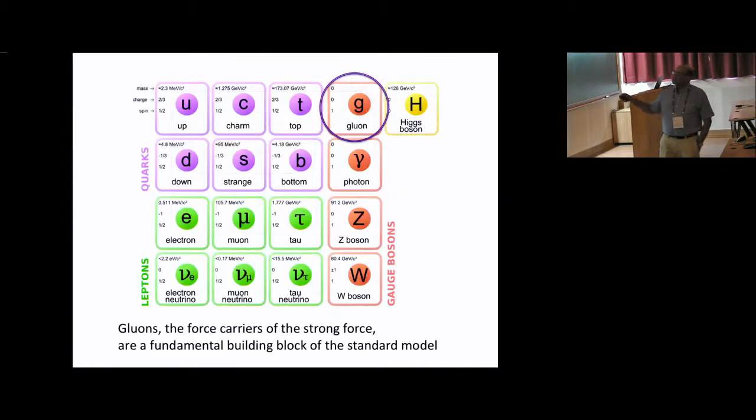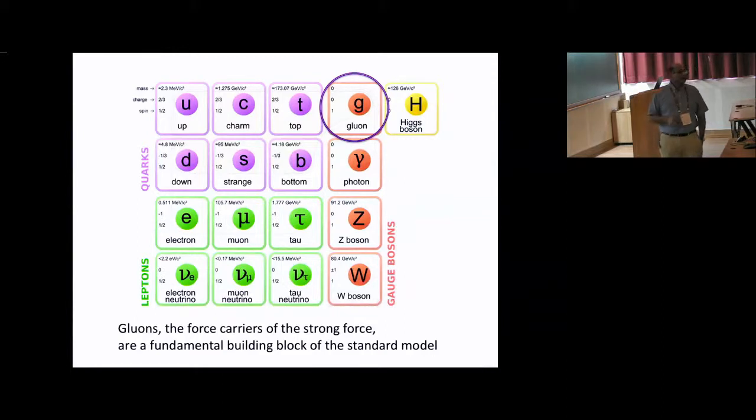So here's a chart of matter and the force carriers of the standard model that is on every physics hallway in the world, hopefully. And here's the gluon. And if you talk to many of your colleagues in other fields of physics, they don't even know about gluons, actually. You would be surprised. A lot of people have heard about quarks.